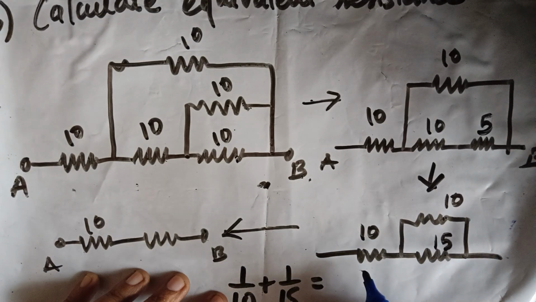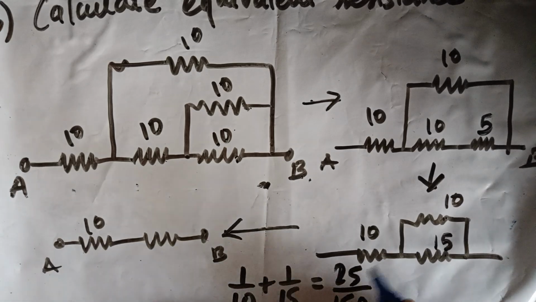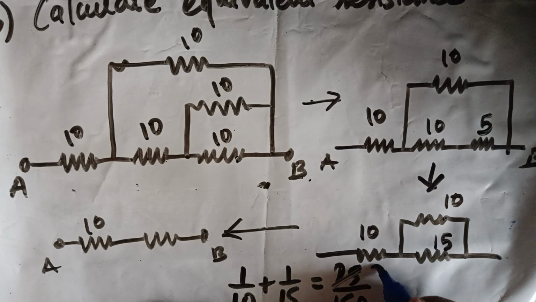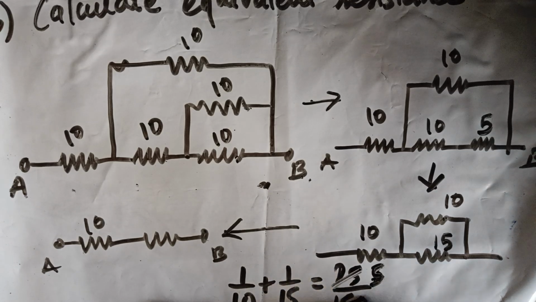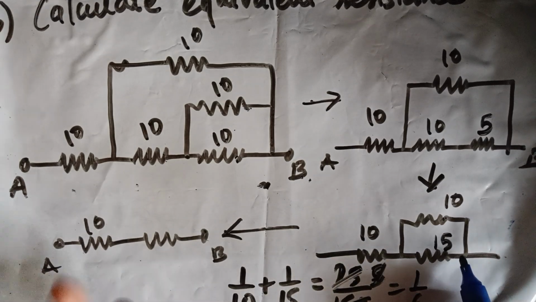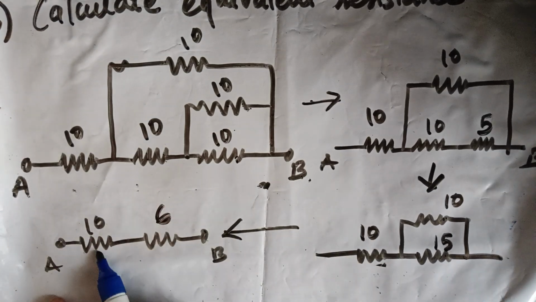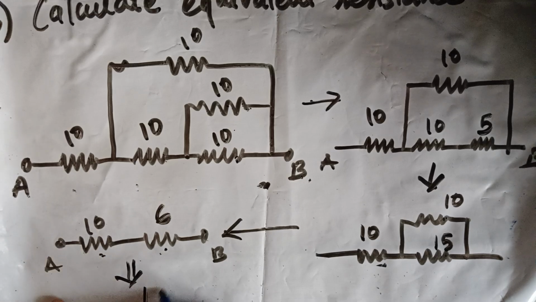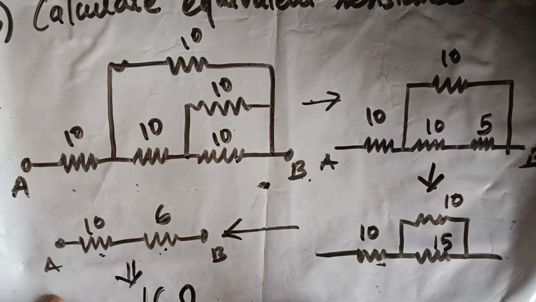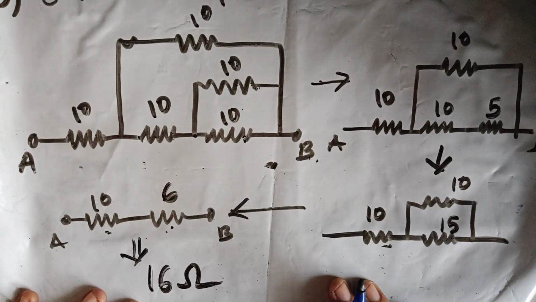So this is 15 plus 10, 25 upon 150. 1 by 6, so the resistance is 6 ohm. And finally, the resistances are in series, so you have to add them. So the final value is 16 ohm.